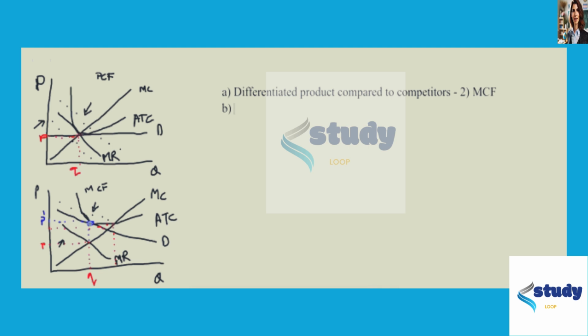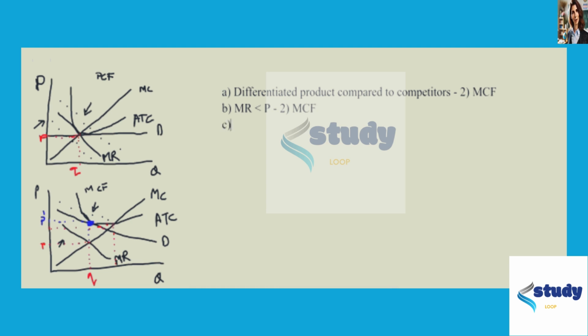Here we can clearly see that the price at which this firm is operating is above the marginal revenue, so it's a monopolistic competitive firm.